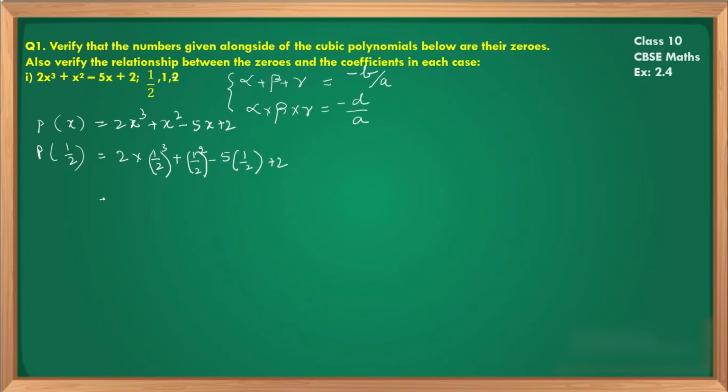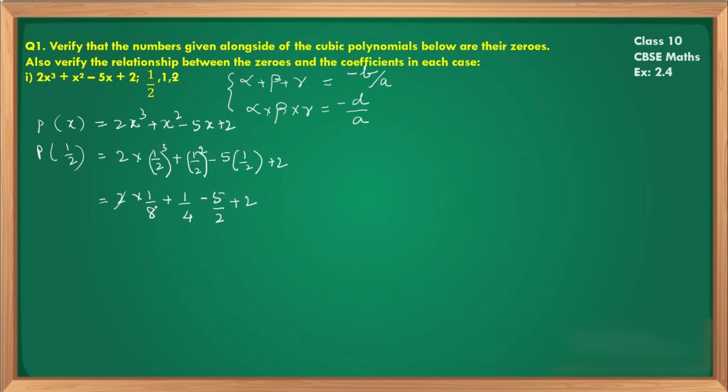When we open the brackets, it becomes 2 into 1 by 8, since 2 cube is 8, plus 1 by 4 minus 5 by 2 plus 2.